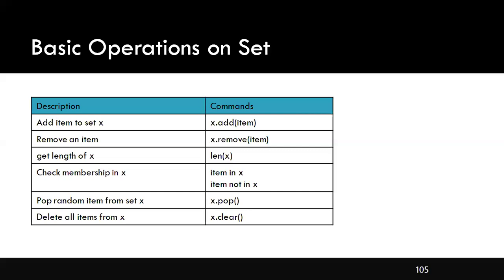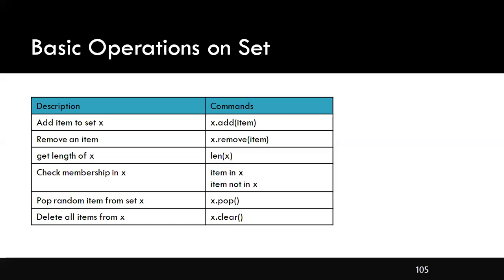You can use pop to remove an item from your set, and the clear method to remove all the elements from your set. We have seen the same thing in the case of a dictionary also.